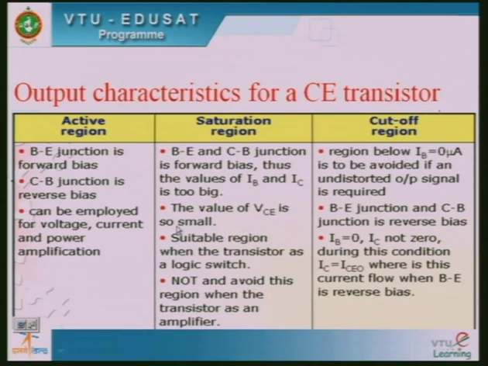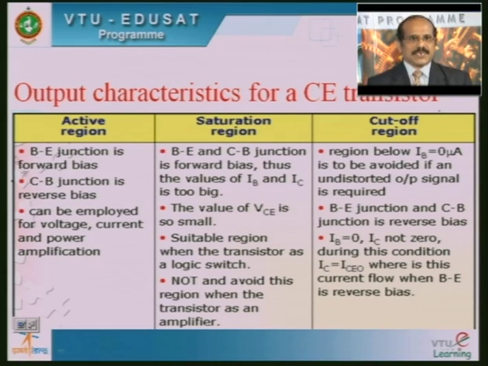Now, let us see the three regions of the output characteristics of a common emitter configuration of a BJT. In the active region, the input junction is forward bias, whereas the output junction is reverse bias. That is, the base to emitter junction is forward bias, and the collector to base junction is reverse bias.